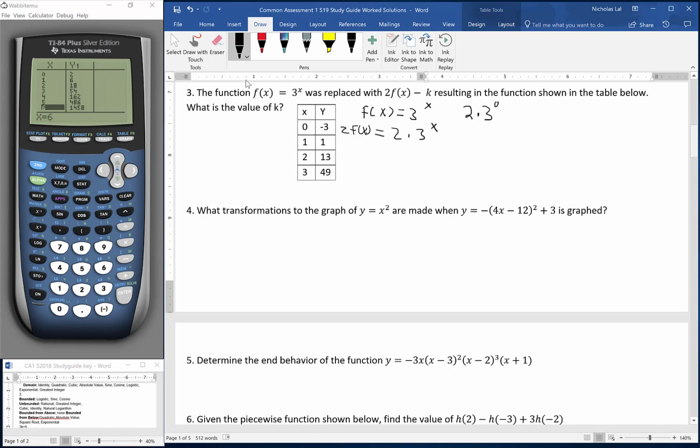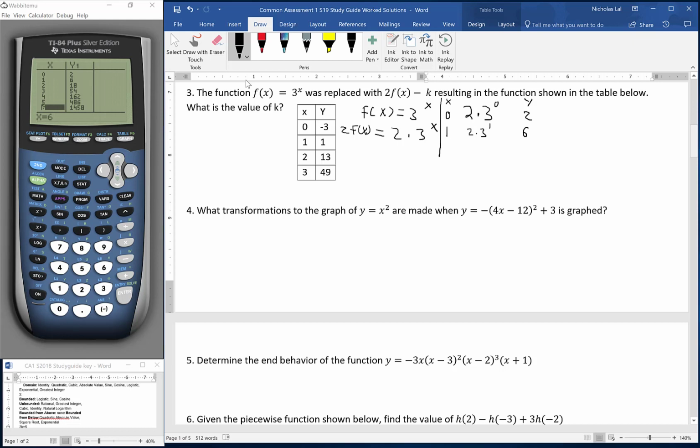Well, 3 to the 0 is 1, so that's 2 times 1, which is equal to 2. When x is 1, 2 times 3 to the 1 is 2 times 3, which is 6. All right, and so on and so forth.